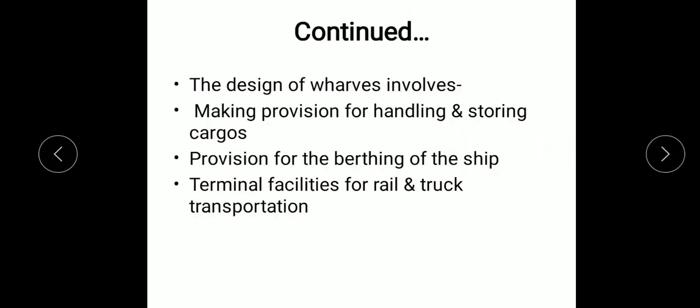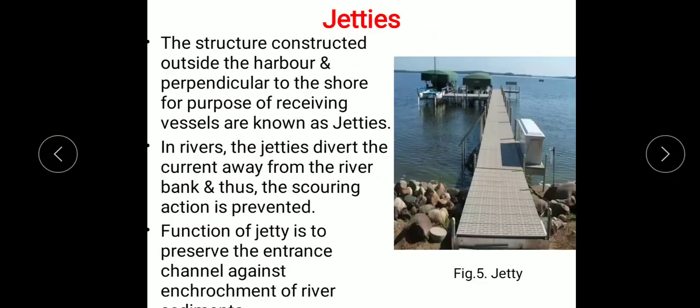The design of wharves involves making provision for handling and storing of cargoes. It also involves provision for the berthing of the ship, and the various terminal facilities for rail and truck transportation should also be taken into account while designing wharves.